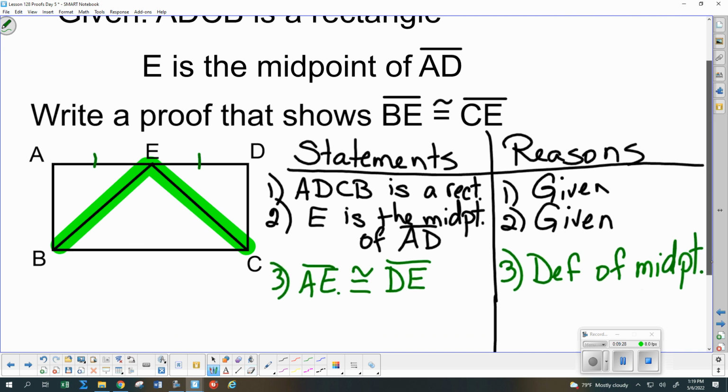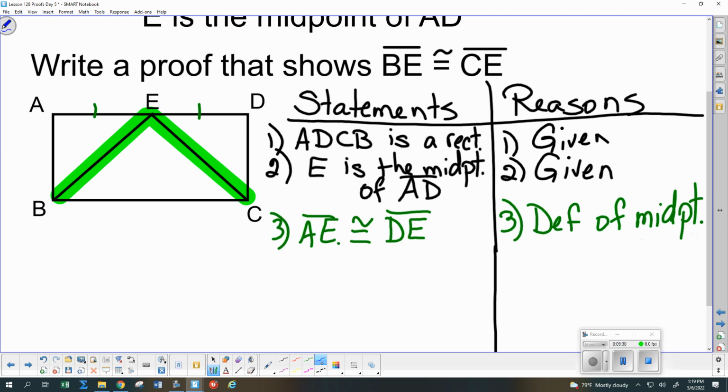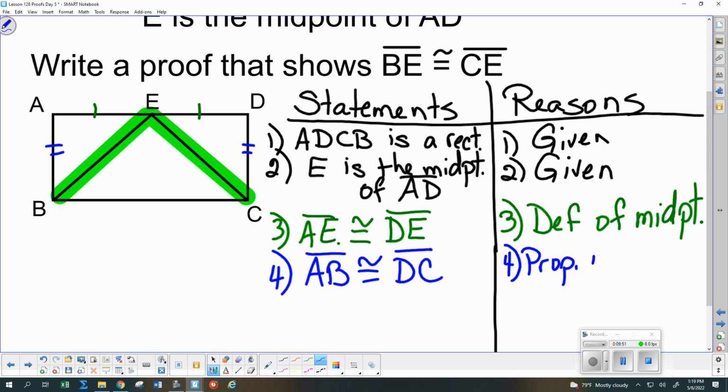So one of the things that you guys said was that side AB is congruent to side DC. And I think I'm doing that correctly again for the same reason. Start at the right angle and go away from it. Start at the right angle and go away from it. And that was property of rectangle.